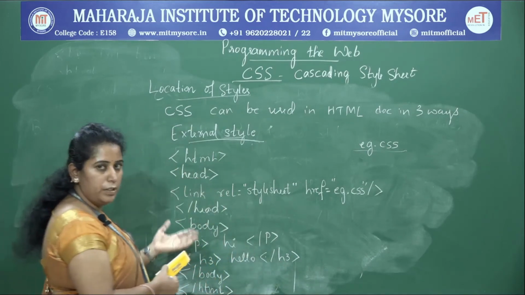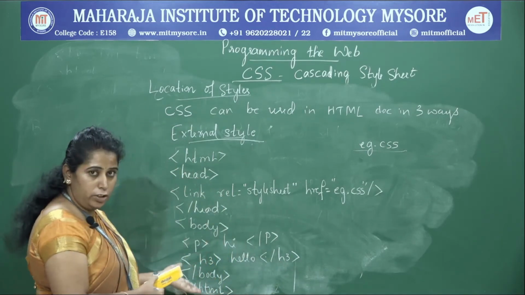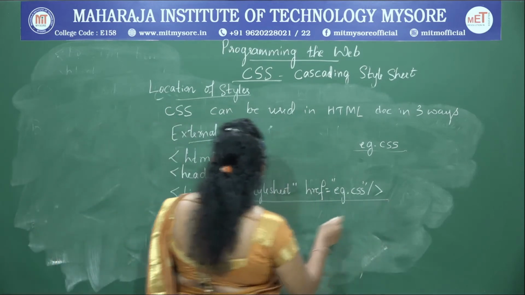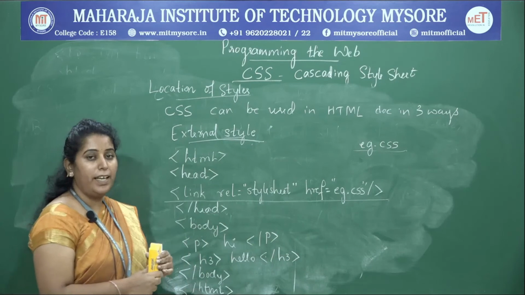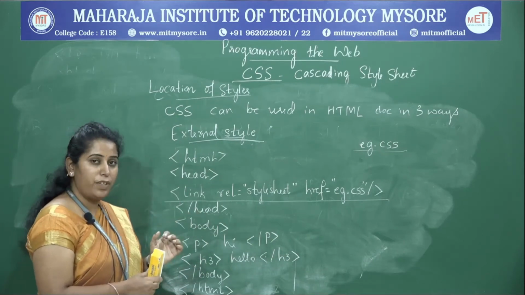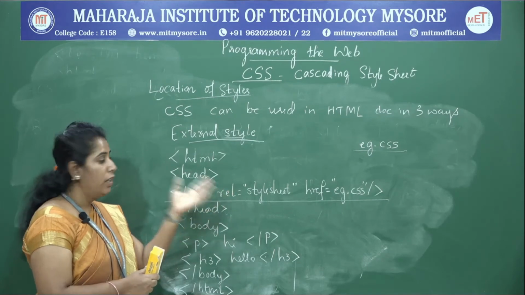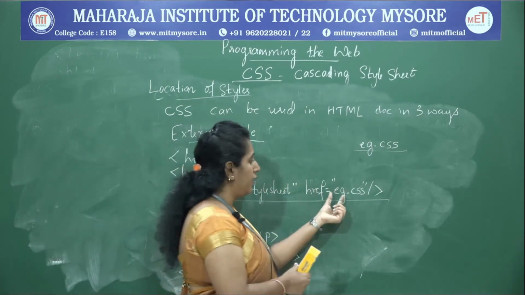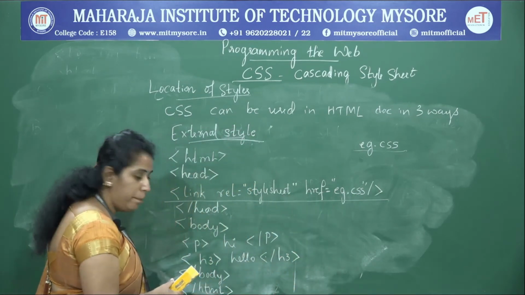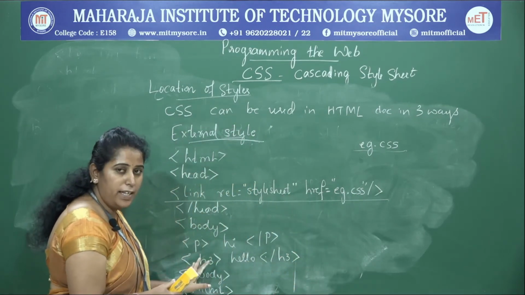So far we have discussed, no changes at all. The only thing you can notice is that this is implementing an external style sheet. It means that it is taking a reference of another file, which is example.css. And you can also notice that in the body part I have not used any style attribute.